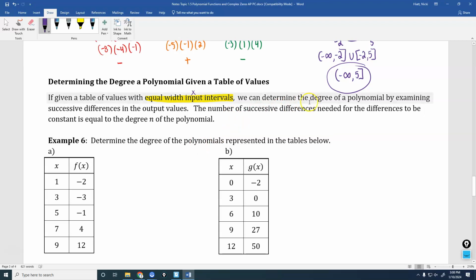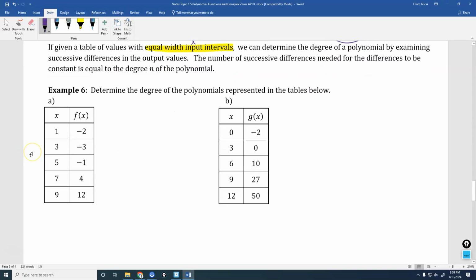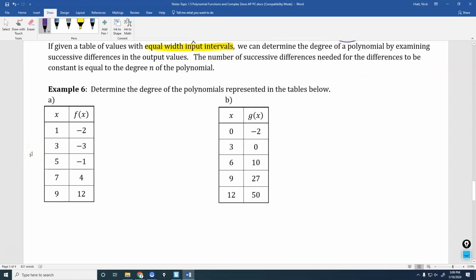We can determine the degree of a polynomial by examining successive differences in the output values. The number of successive differences needed for the differences to be constant is equal to the degree n of the polynomial. So we have really already done this with linear and quadratic.